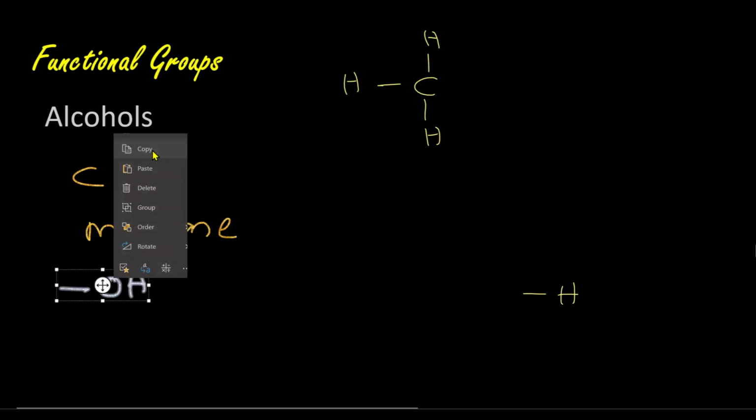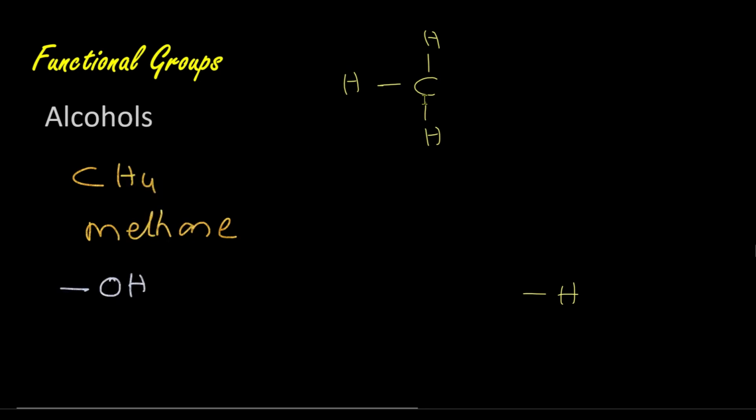Let's say I create a copy over here and paste it over here. Now check. In this case, the name of the compound should change, right? So the name of the compound after this is going to be what?